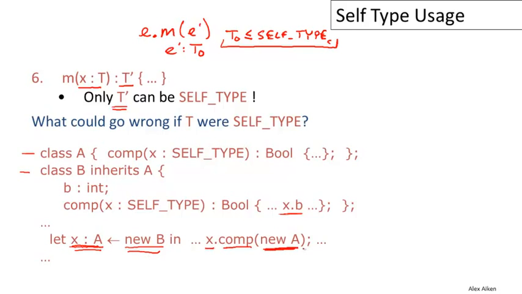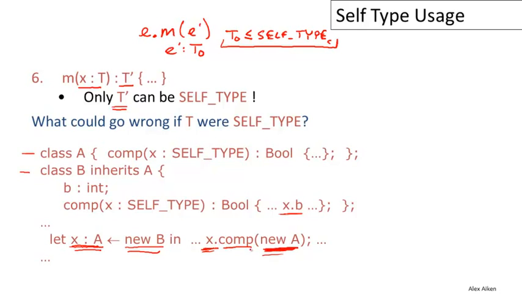What happens? Well, this type checks just fine because x is of type A, and this argument is also of type A. If having an argument of type self-type is ever going to work, it has to work for this example where the static types of the dispatched object and the formal parameter are exactly the same. So that clearly has to be allowed if we allow self-type as a type of the argument.